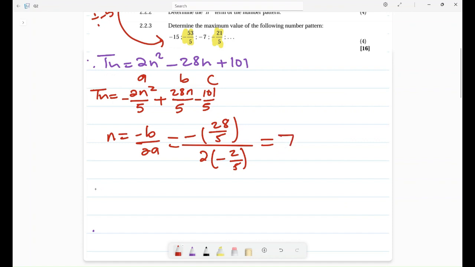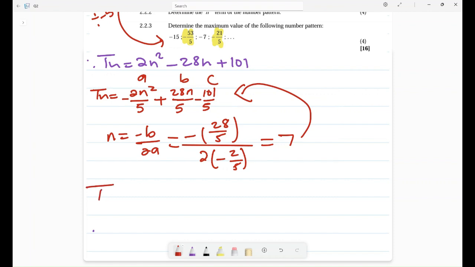But now I want the corresponding y value, which is the maximum value. Remember, the maximum value is determined by the y value, not the x value. And this n is the same as x. So we want the y value. So how do we find the y value, which is the maximum value? I'm going to take this 7 to the original equation, this one.